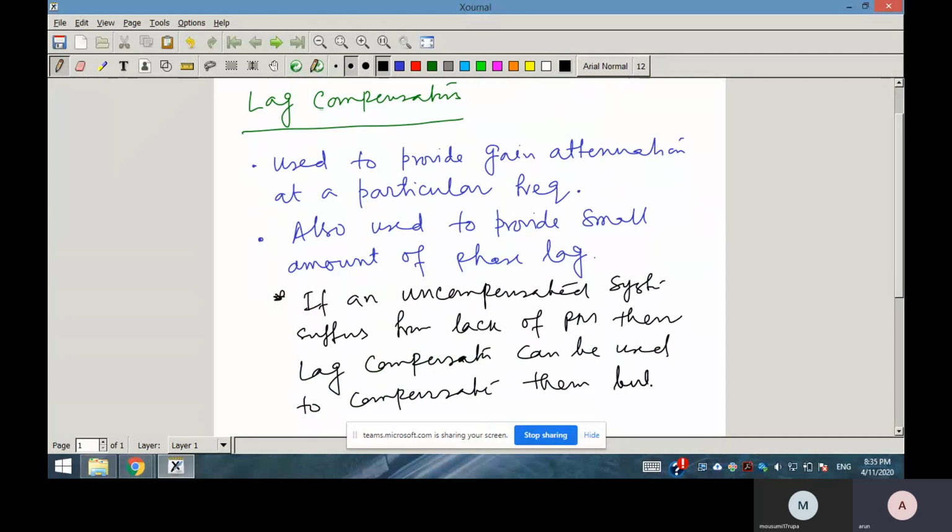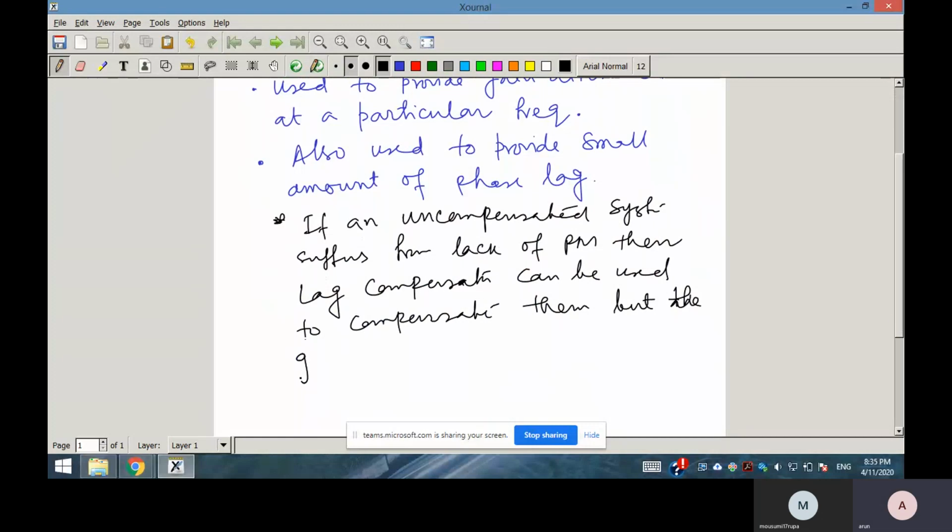But in this process, the gain cross frequency is reduced, the GCF or speed of the response is reduced.